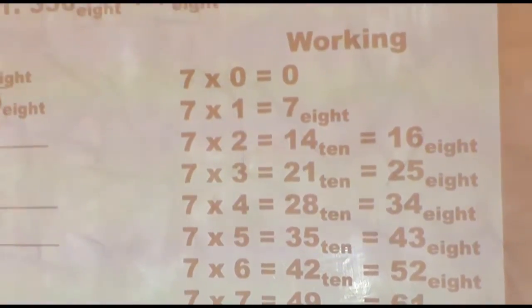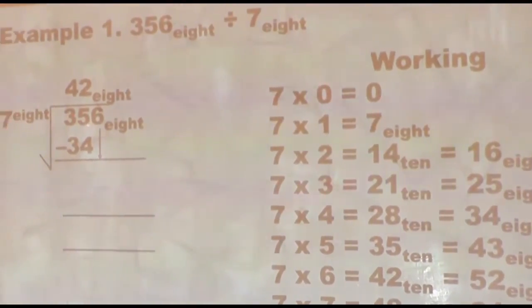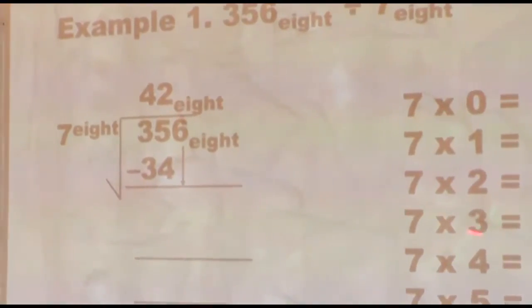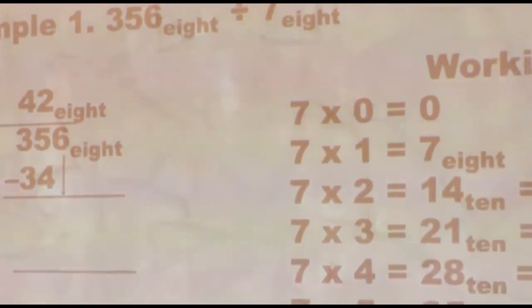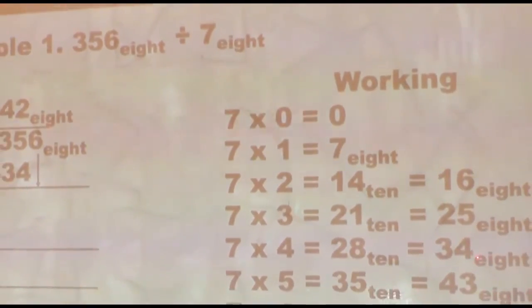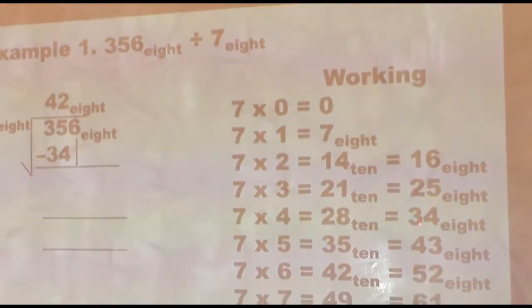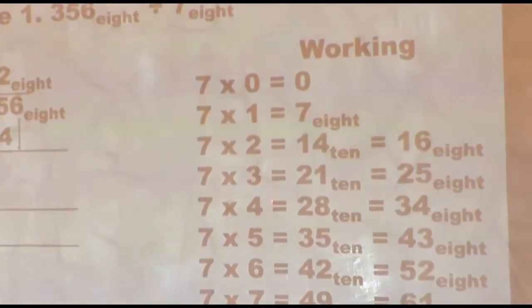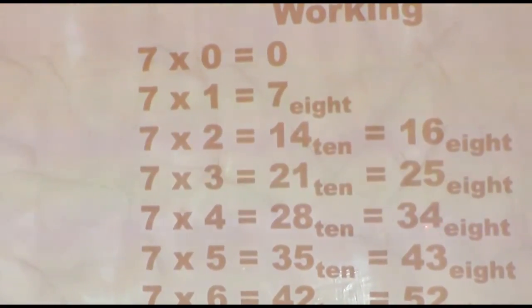We are dividing 35, the first 2 digits we have here, by 7. You will agree with me that from this table, the closest to 35 is 34. So that means 7 times 4 is 34.